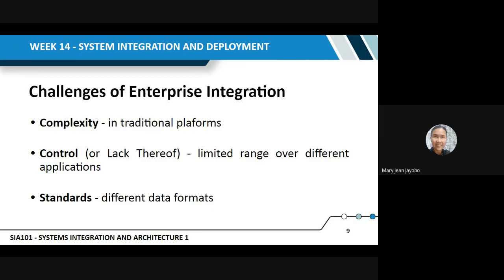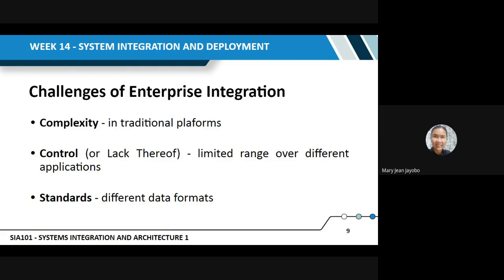So complex. Now, control or lack thereof. So limited range over different applications. Integration developers actually have a limited range of control over the many different business applications. Kasi ikaw yung mag-integrate ng business, so yung mga developers, di ba? You will have no idea on the complexity of the business process. 'Di ba? Kasi mag-integrate ka lang eh.